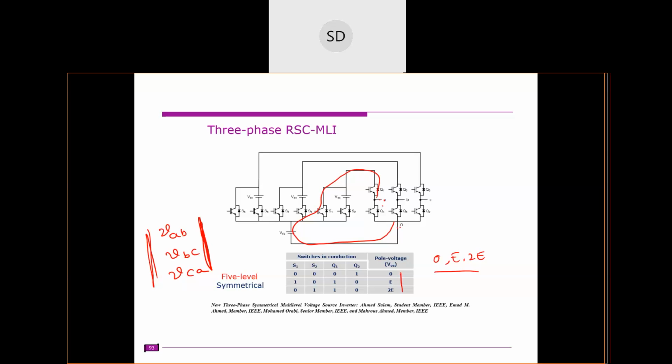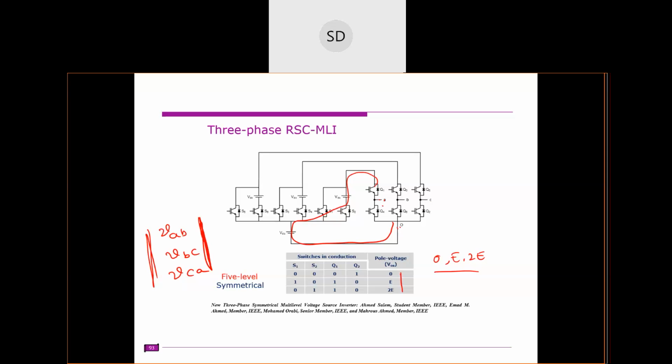That gives you VDC voltage. If you want 2 VDC voltage, you connect like this. Is this correct to obtain 2 VDC voltage between A and 0? Yes.